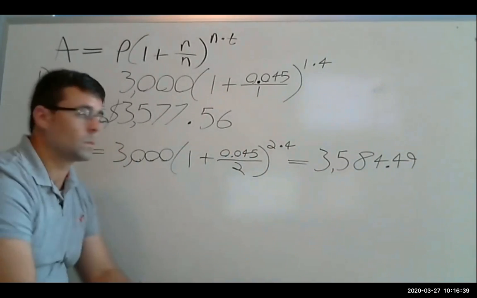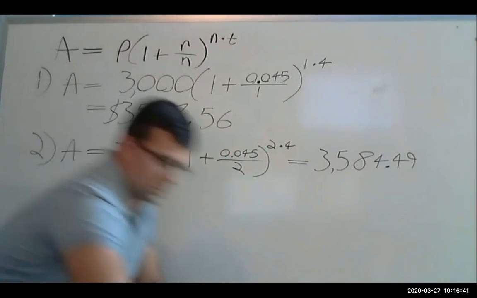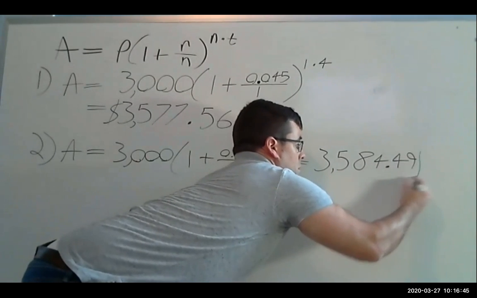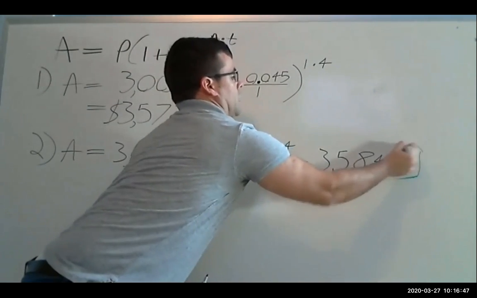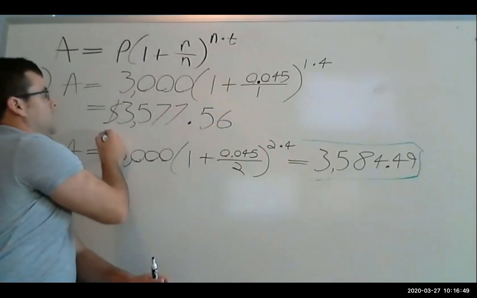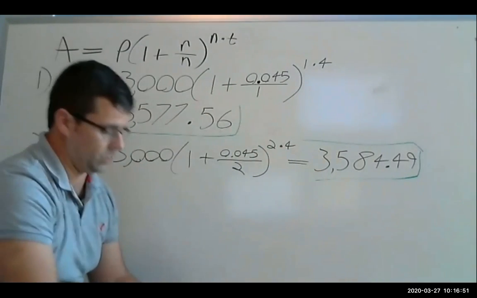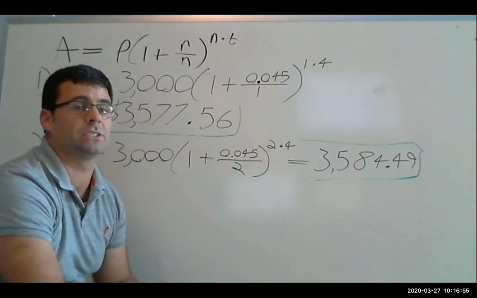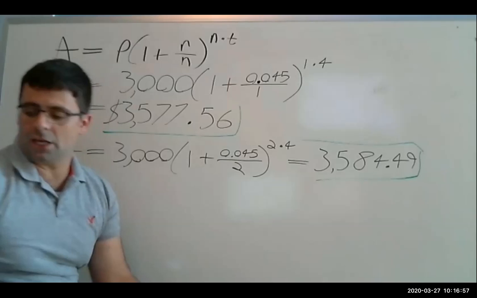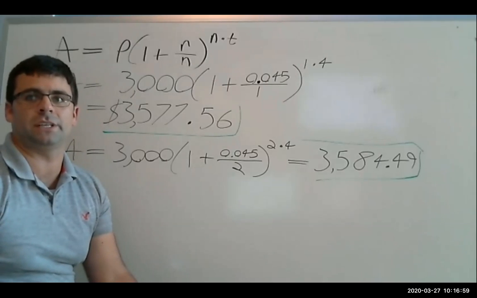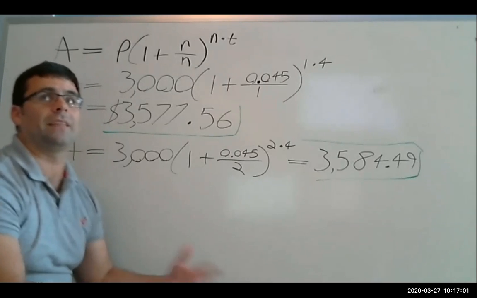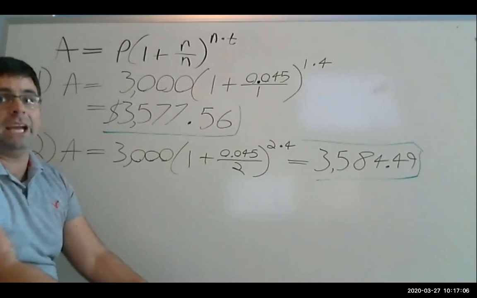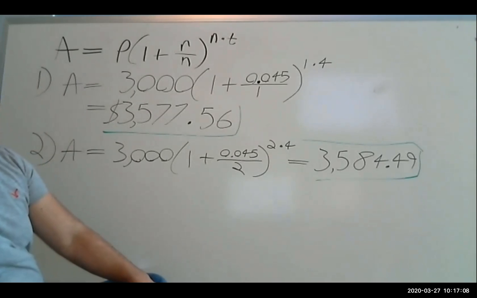Okay. So the way in which we compound it does actually make a difference. In this case, it's kind of a small percentage rate, and it's not that huge of a difference. But we do have, what is that?